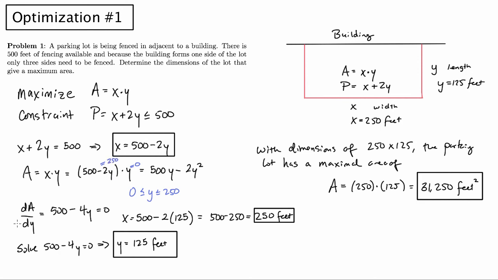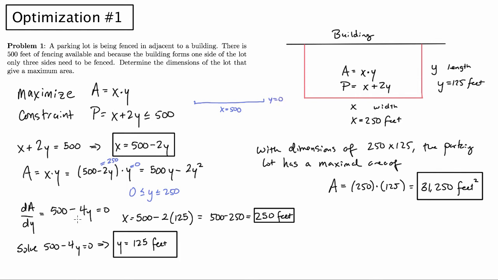But that's not necessarily the reason why these are the physical bounds. If you think about a building built corresponding to a y value of 0, then it has no length, it's all width. And so we're looking at the limiting case of having an x equal to 500 and a y equal to 0.